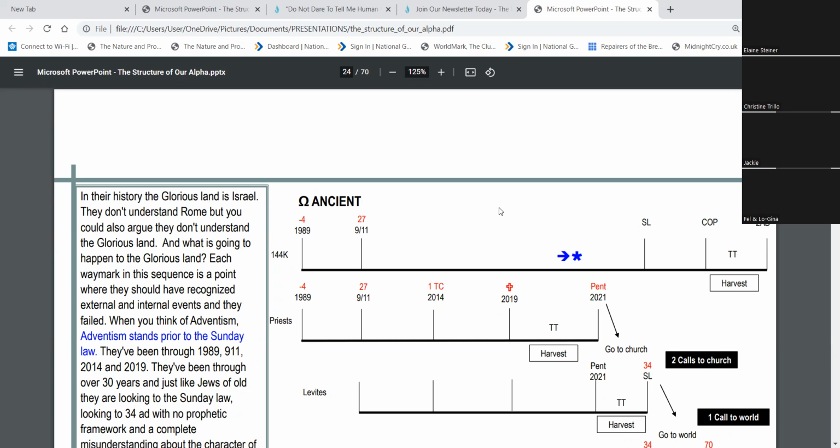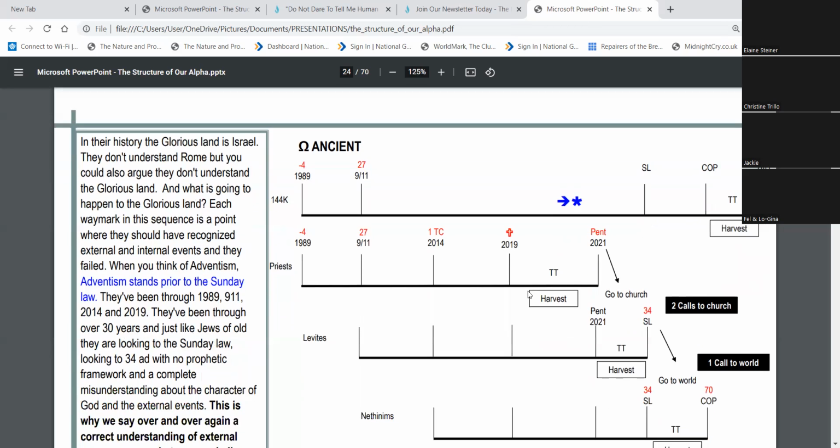When you think of Adventism, Adventism stands here prior to the Sunday law. They've been through 1989, 9/11, 2014, and 2019. They've been through over the 30 years.